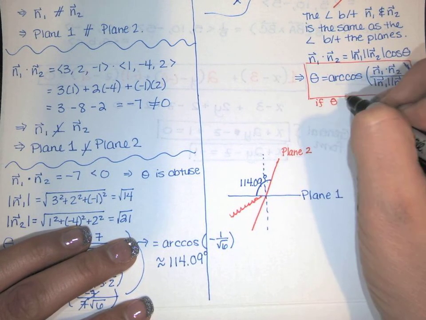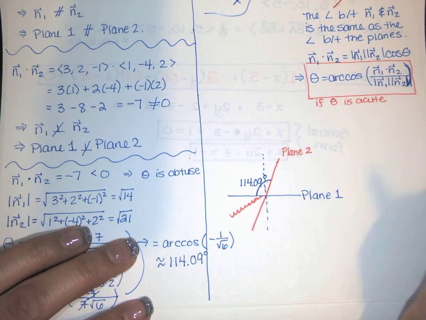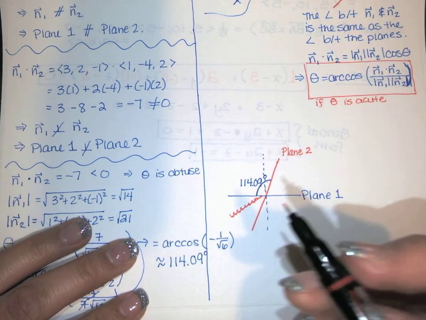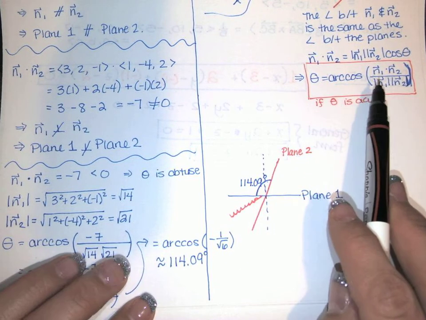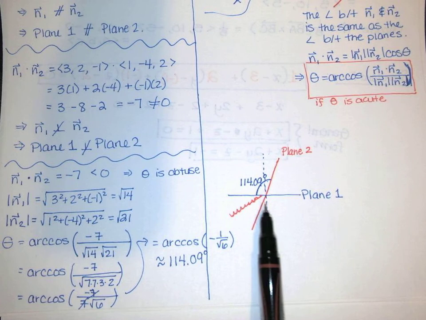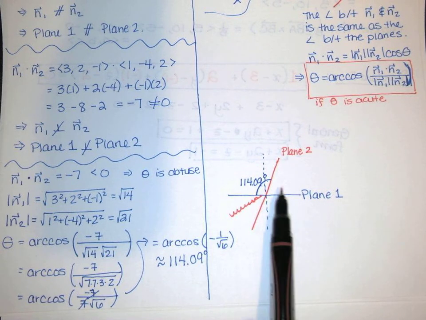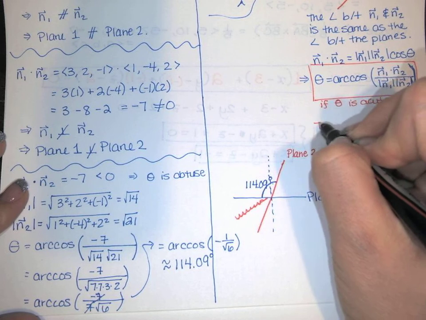if theta is acute, because we want the smaller of the two angles. Now, if this theta is obtuse, if the angle between n1 and n2 is obtuse, then we want the angle between the two planes.